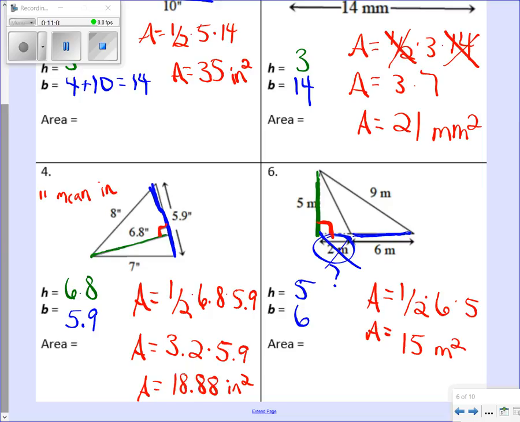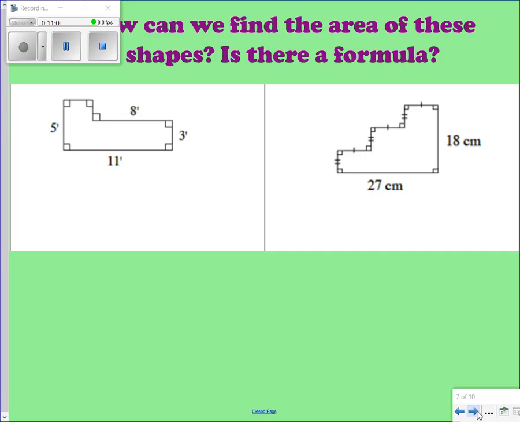All right, now that we've practiced finding the areas of triangles, let's get a little crazy. So these shapes here are what we call composite shapes. They are made of several different shapes. Is there a formula that we can just use like we did with the area of the triangle? Find your base, find your height, plug it in? No. These are all just shapes put together. So the best way to do this is to break up your shape every time.